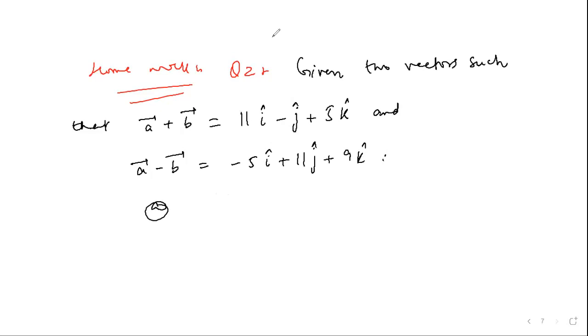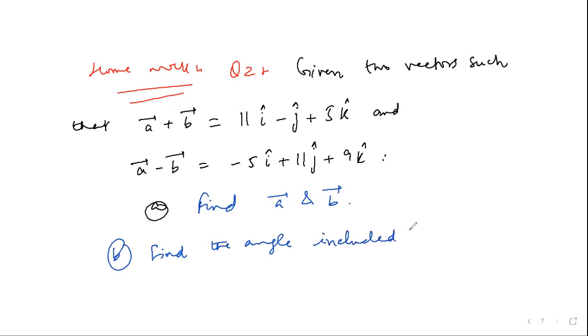Part A, find A and B. Part B, find the angle included between A and A plus B using vector methods.